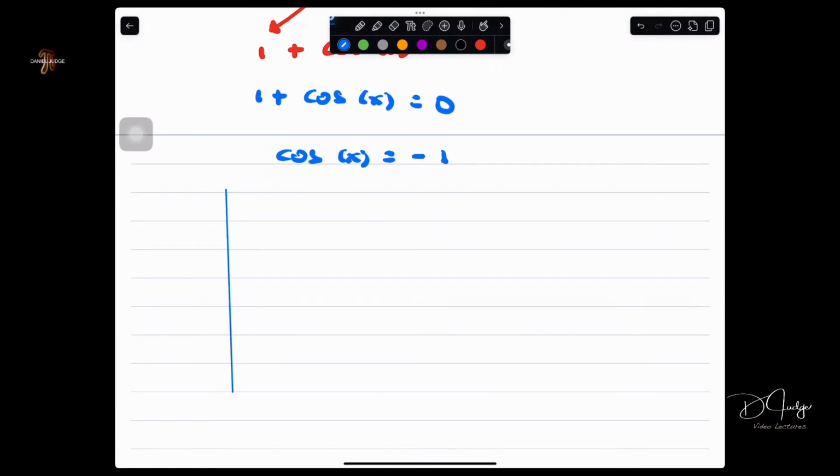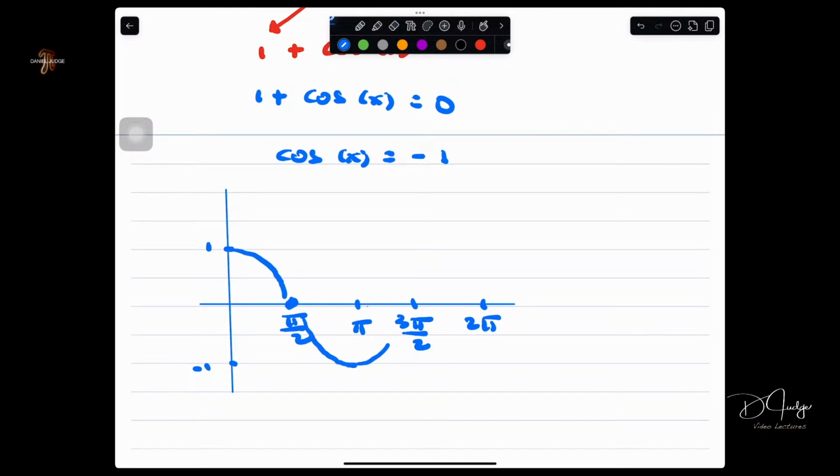So again, like I've mentioned in the past, this kind of curve shows up a lot. So generally just think of the sketch of cosine, at least I do. So it looks like cosine's negative 1.